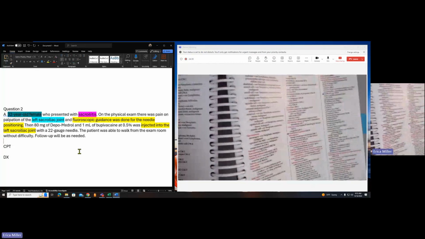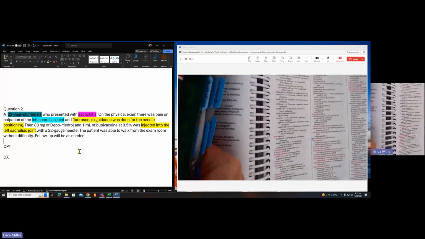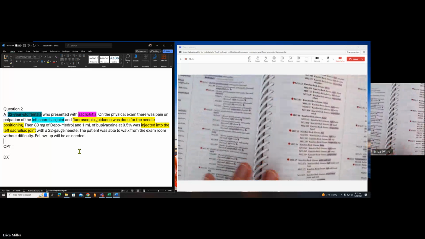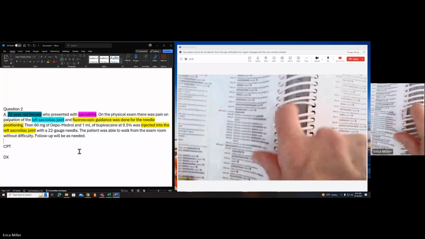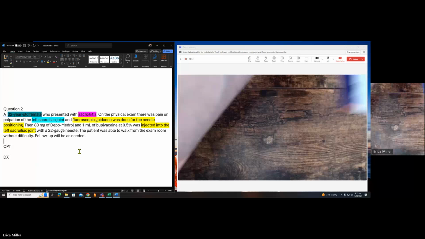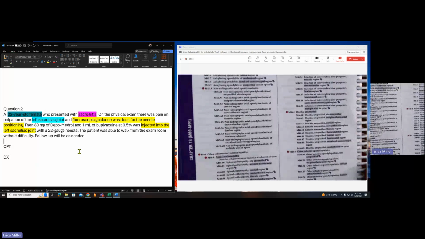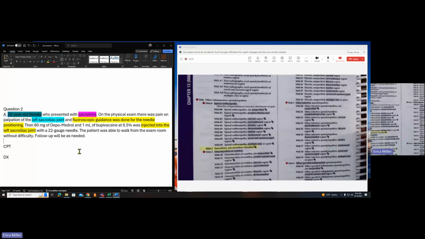Actually, it'd probably be easier if I did it this way. My M codes are right here. All right. Let's look at our category. Category is M46.